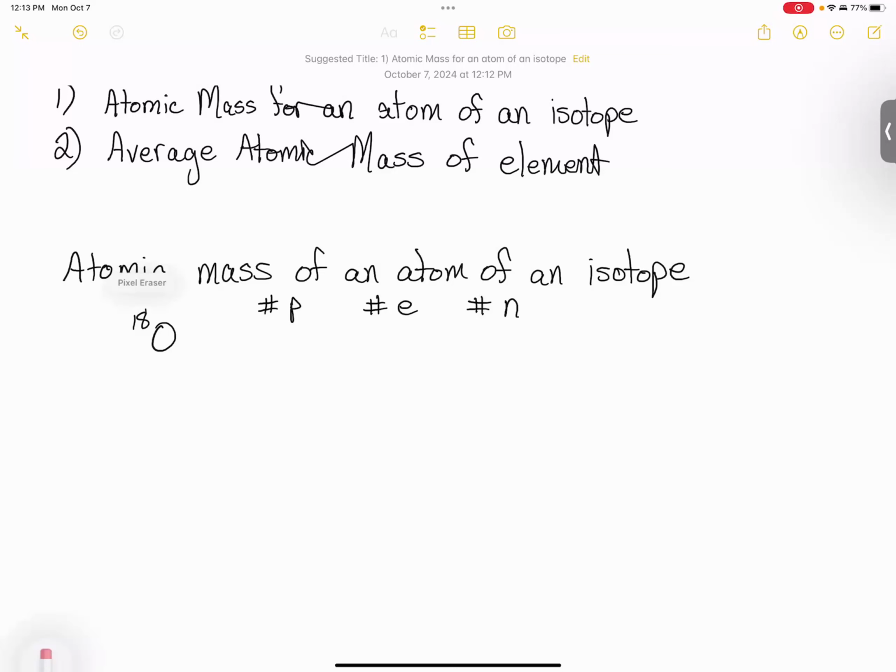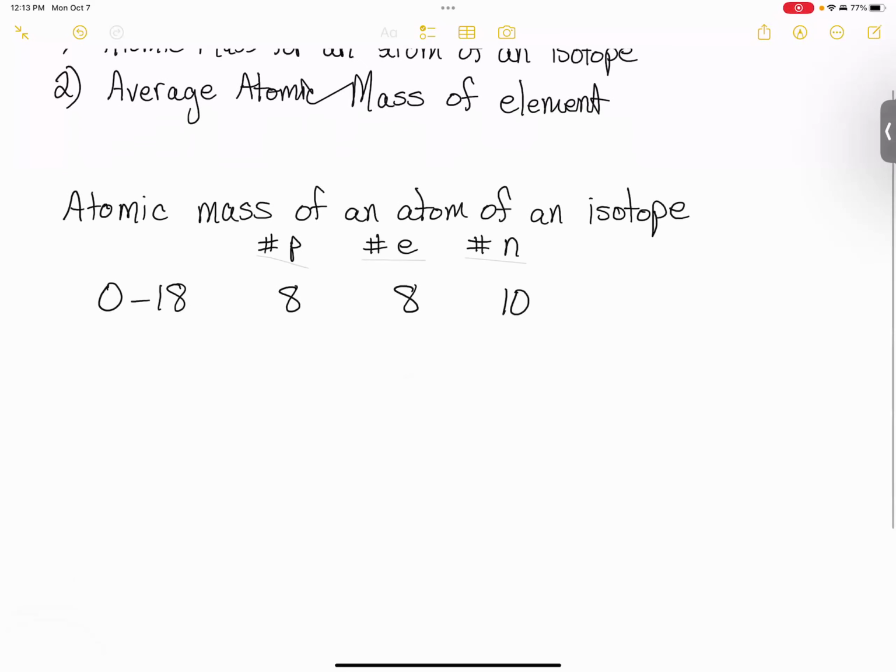Sorry. Let me make it more clear. I'll use the bigger version. Okay. It is 10 neutrons. Why did you say it's 10 neutrons? Because atomic number is 8. That means it had 8 protons and 8 electrons.